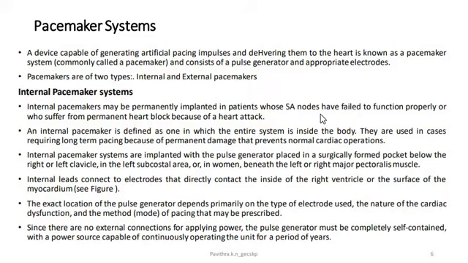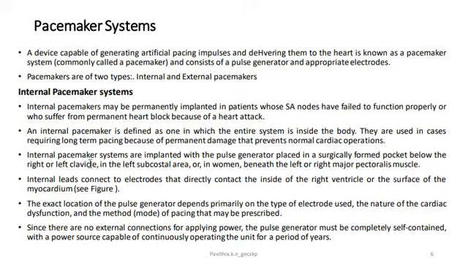So in such patients we place these pacemakers permanently, and they are called internal pacemakers. The internal pacemaker is defined as one in which the entire system is inside the body, and it is used in cases where long-term pacing is required because of permanent damage that prevents normal cardiac operation.